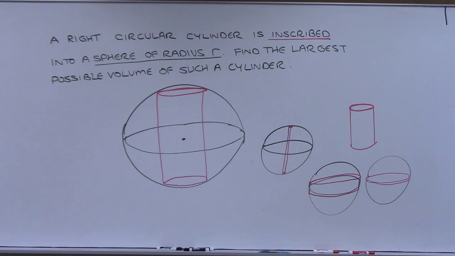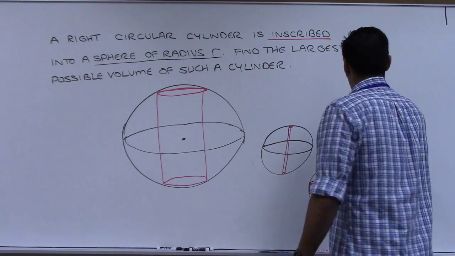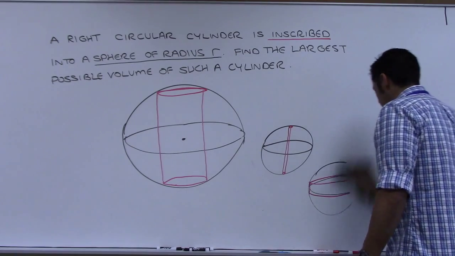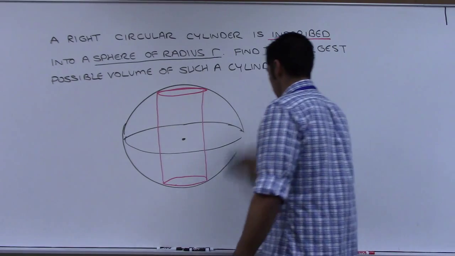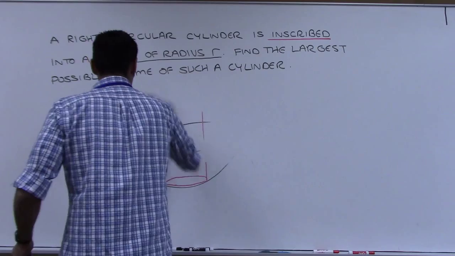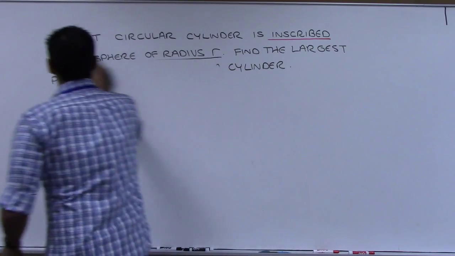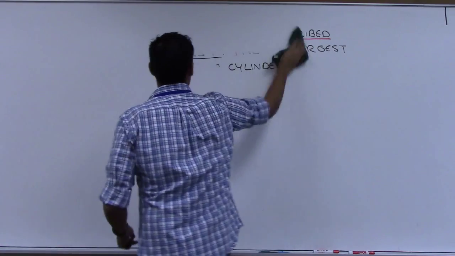Okay, so start where we always start. Everyone understands geometrically what we have, though, right? Start with what we always start with, which is the objective. What's the objective function here? Volume of a cylinder, right? Not the sphere, the cylinder.